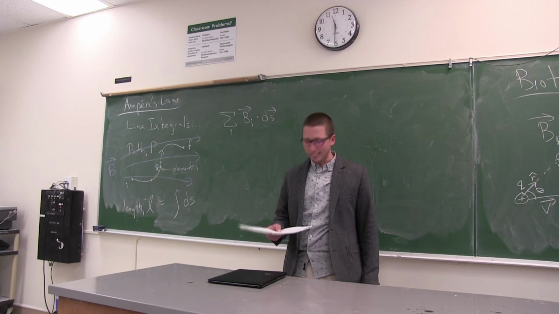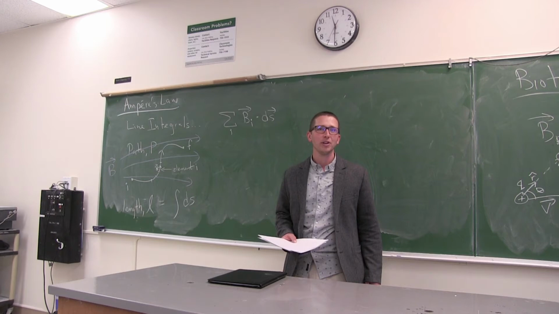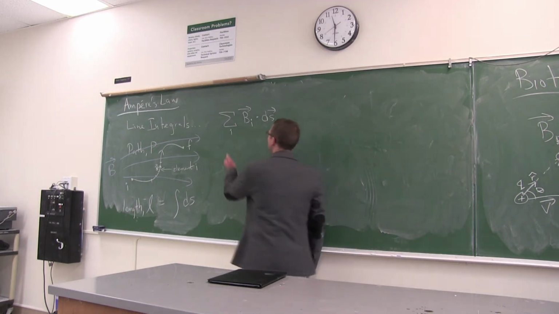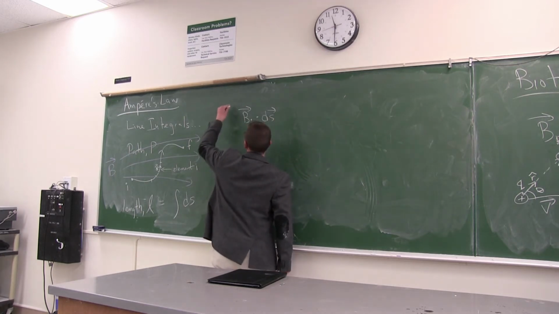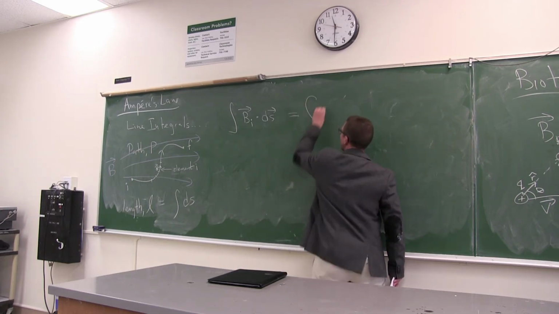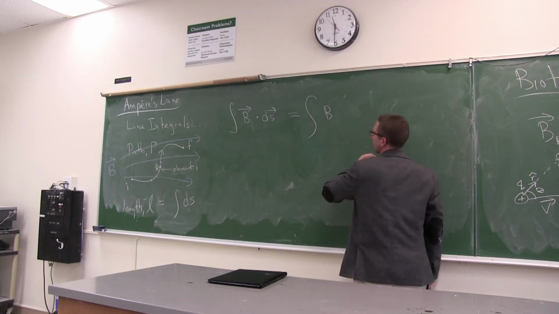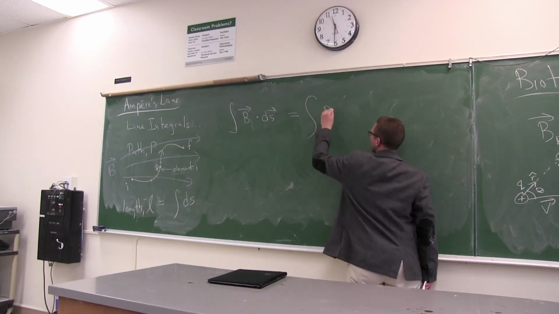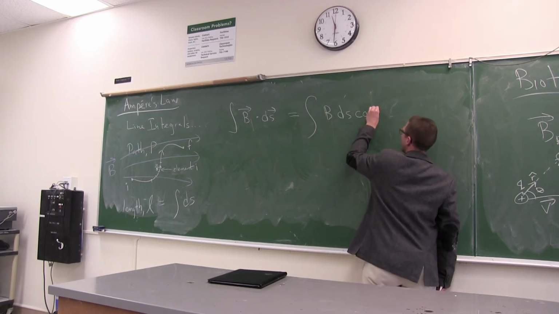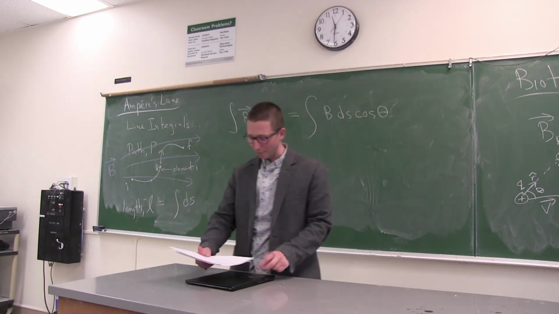Now, I've written ds here because that interval is really, really small. So if I take B and I dot it into something really small and I add them all up, that becomes a line integral. So this is equal to the integral of B ds, or B ds cosine theta, where theta is the angle between B and s.